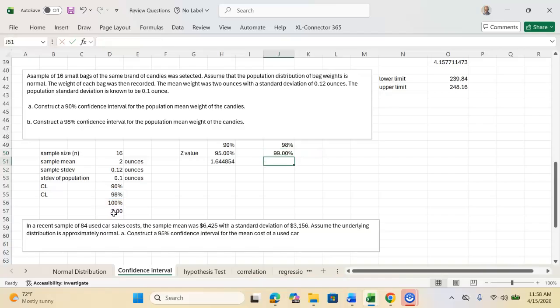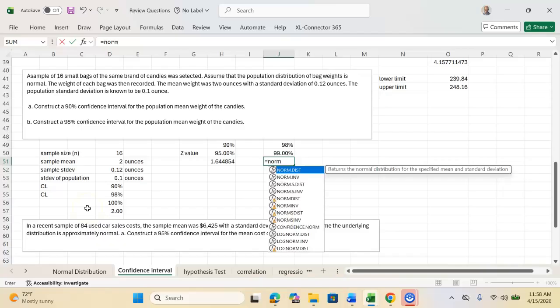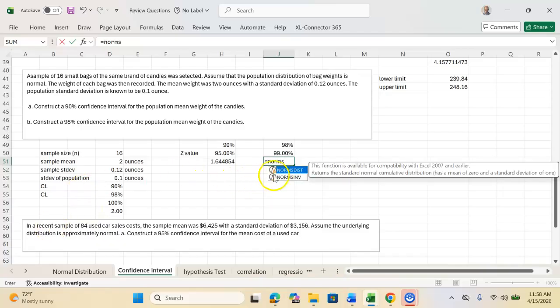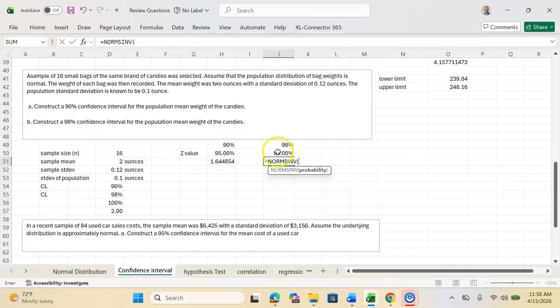And so in this case we have 99.00, and we can find the value of this probability by using the function which is norms inverse. So click on the 99 and enter. So the value for 90 is 1.644 and for 98 is 2.33.